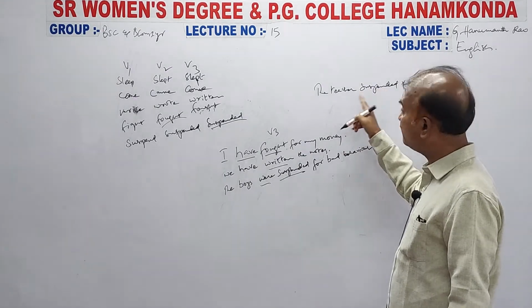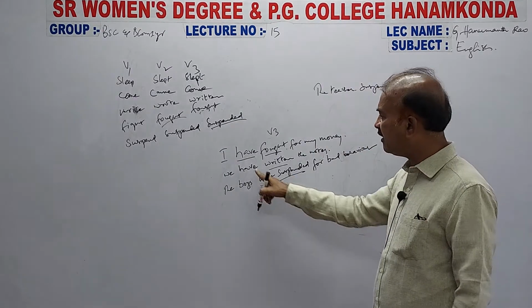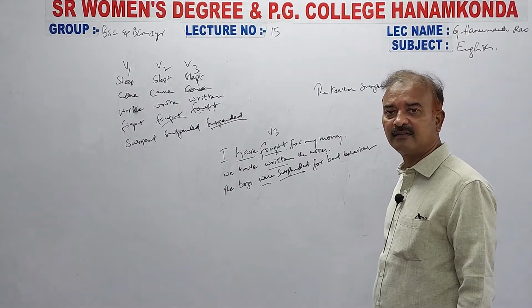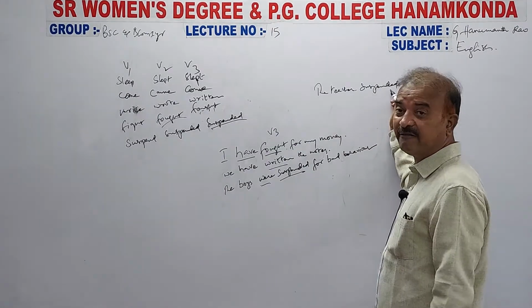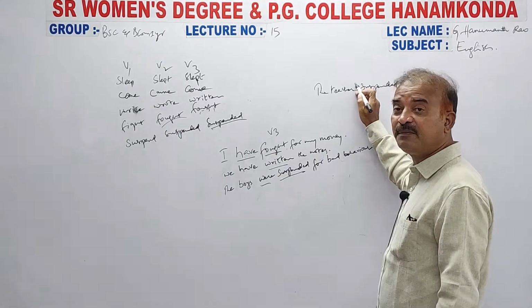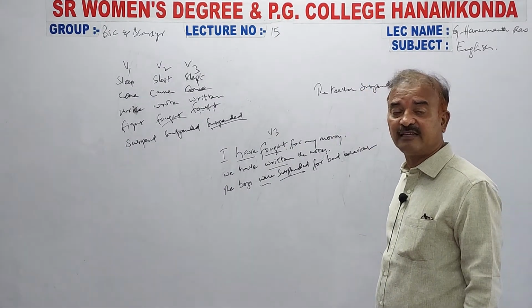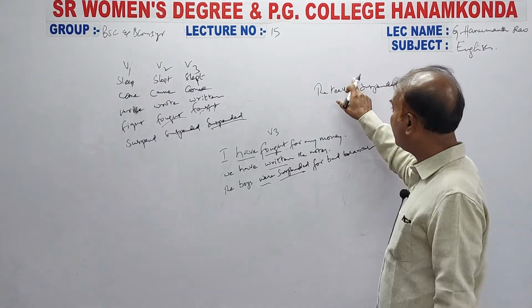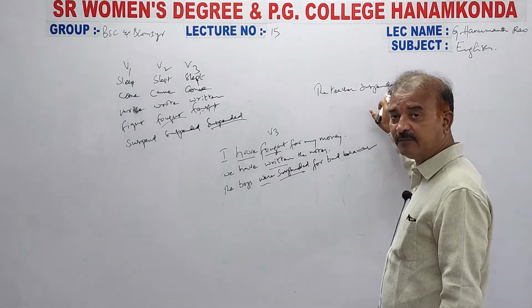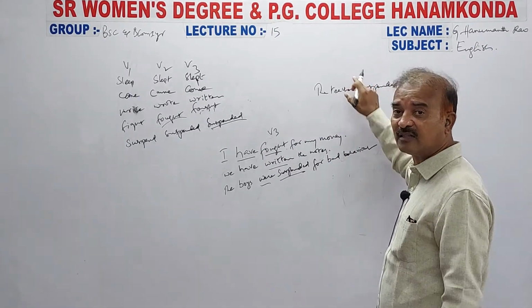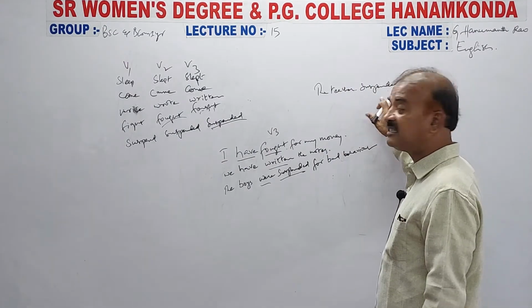This verb is in past tense, but is there anything like were or have or has, something like this? There is nothing. That means a verb in the past tense will not get preceded by any kind of helping verb. Is, was, this and that. So, if there is nothing between the subject and the verb, something like an is or was or that, then this is called past tense.